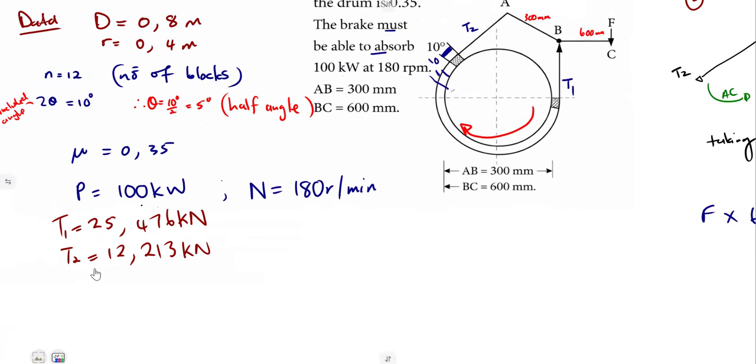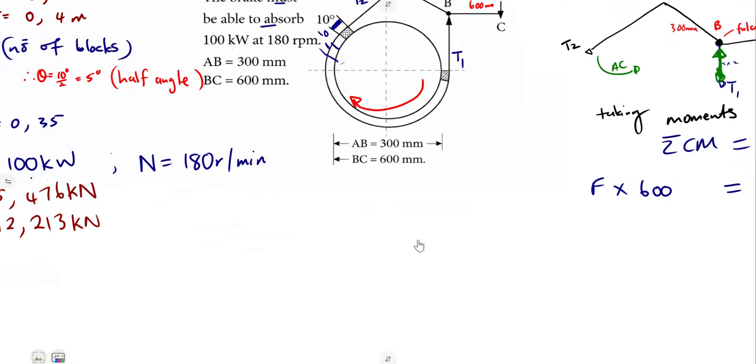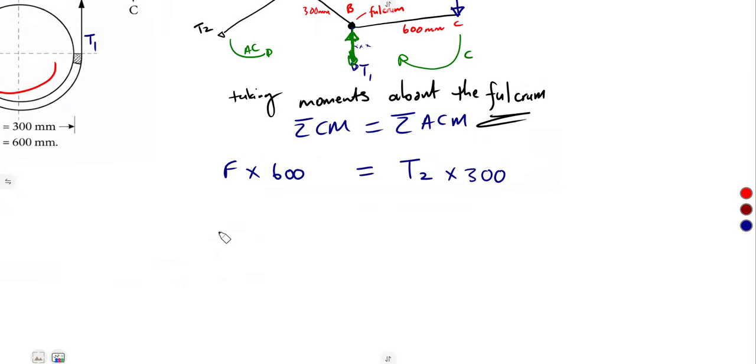So you're going to substitute that T2. You can even use kilonewton as it is, all right? So I'm just going to use kilonewton as it is. So F times 600 is equal to T2, that's 12,213 kilonewton, or you can simply use times 10 to the exponent of 3, whatever you want.